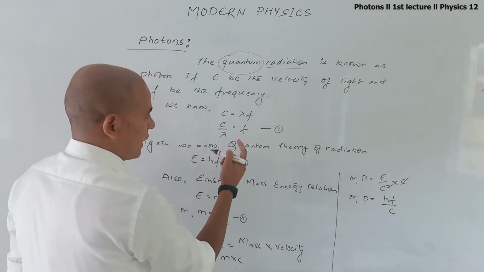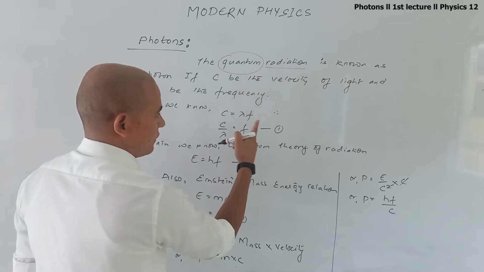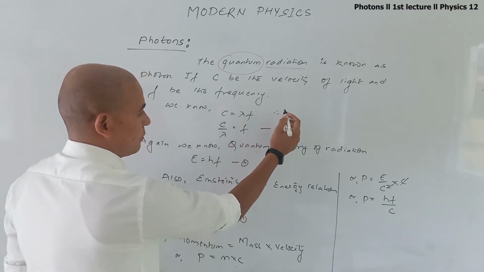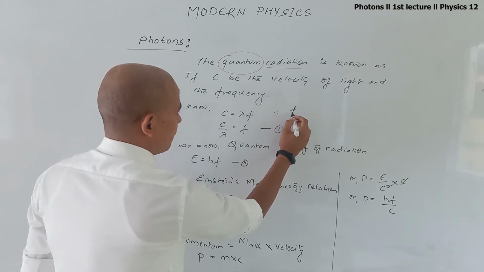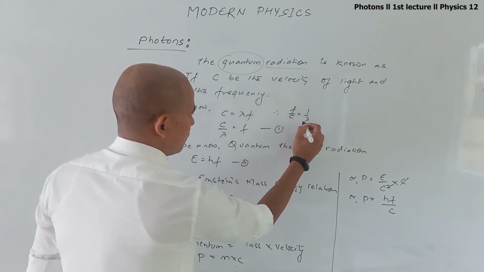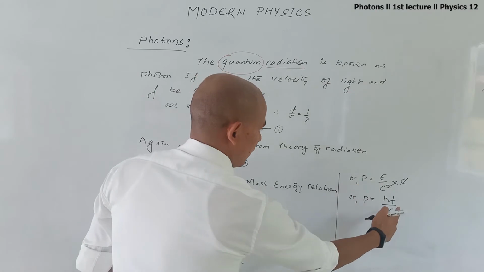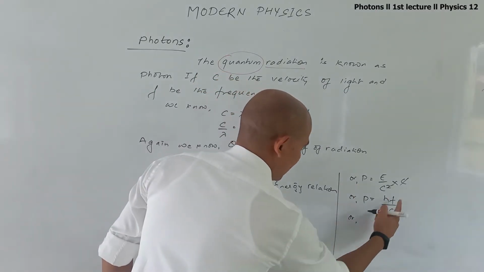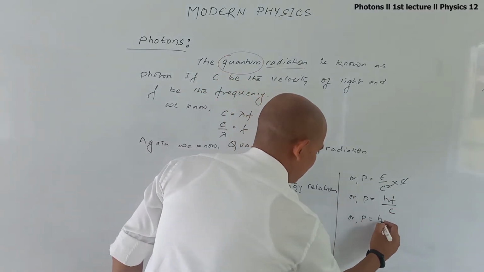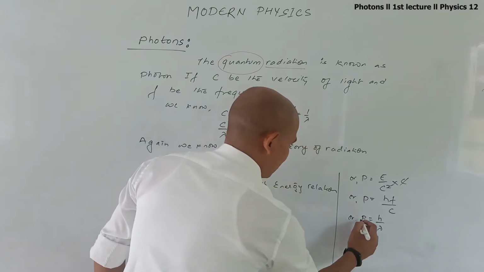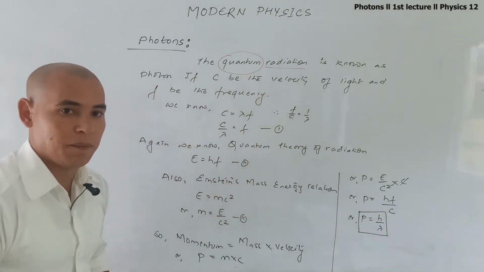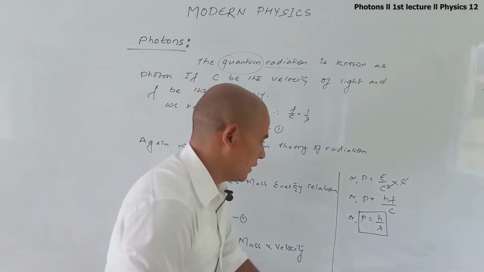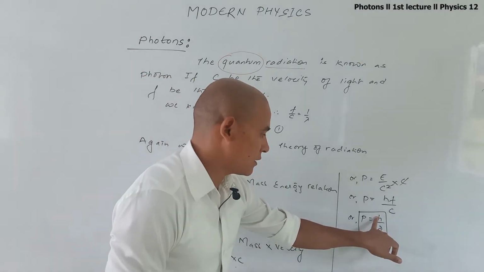If we simplify this equation, f by c will be equal to 1 by lambda. So P equals h by lambda, which is the momentum of a photon, where h is Planck's constant.